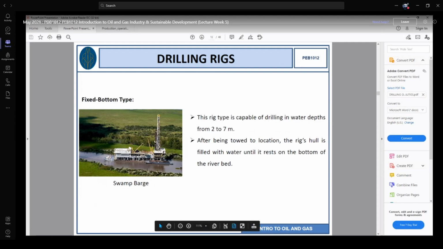If the hydrocarbon exists below this location, we tow our swamp barge rig to the location, then fill the hull of this rig with water until it gets heavier and sets at the bottom of the riverbed.